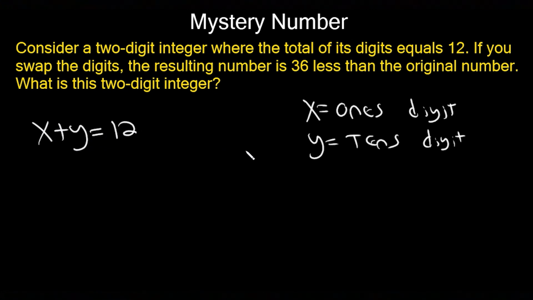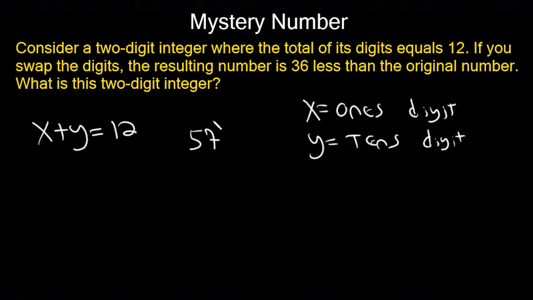And then from here, the second equation is not so obvious because in order to create the second equation, you have to think about how can I represent this number in terms of x and y? In other words, how can I come up with an expression to represent any two-digit integer? So for example, let's say we're working with 57, okay? Just picking the number 57. How can I represent that using x and y?